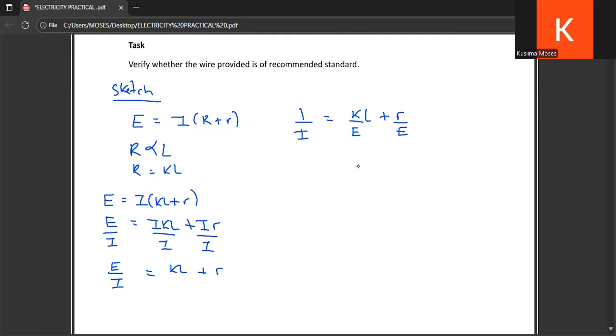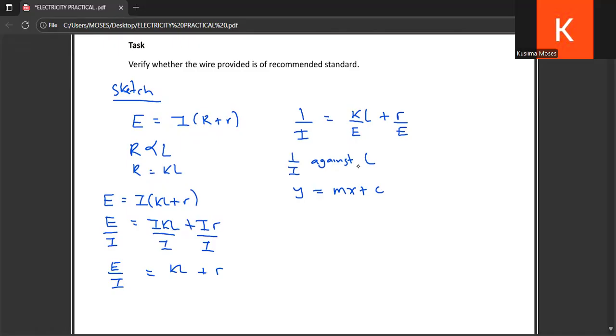Now, in case you plot a graph of 1 over I against L, it will be in the form y = mx + c, whereby m is the gradient.